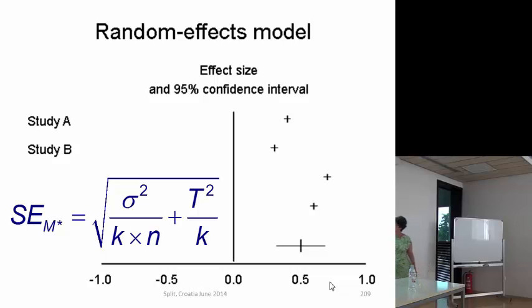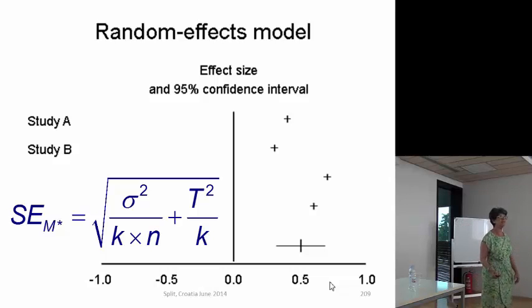Right? So the mean is the same, but you have a wide confidence interval around the mean to let you know that the estimate of the mean is not precise, and that it's not a very good estimate of any of the contributing studies.